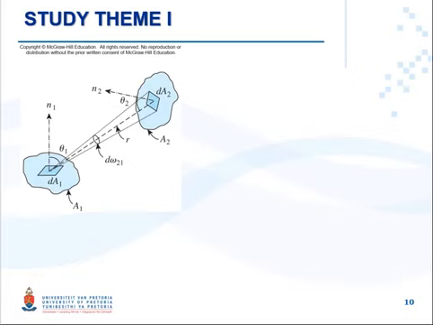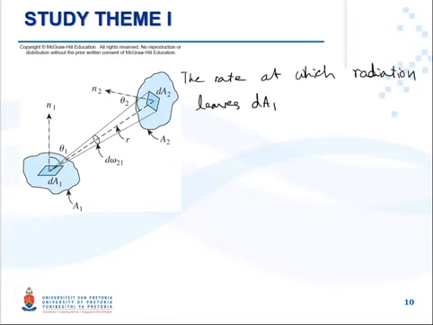In order to find the view factor, we need to find two rates. I'm going to just write those ones. First, the rate at which radiation leaves dA1 and is intercepted by dA2.